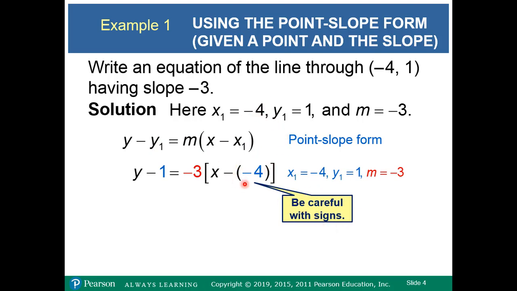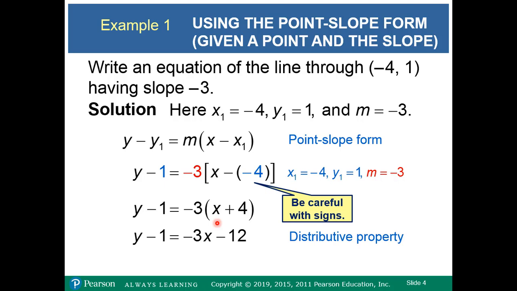So we're subtracting off a -4, so of course we're going to want to simplify this to be plus. And so this would be the final answer: y minus 1 equals -3 times the quantity x plus 4. And that is the point slope form. That's it. You're done. Box it, move on.